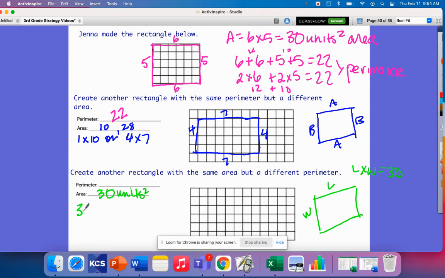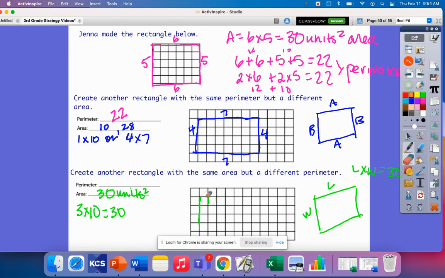So right off the bat, I think of a 3 by 10. 3 by 10 will get me 30. Let's draw that out and see. 1, 2, I got 3. Let me erase that. 1, 2, 3, 4, 5, 6, 7, 8, 9, 10.